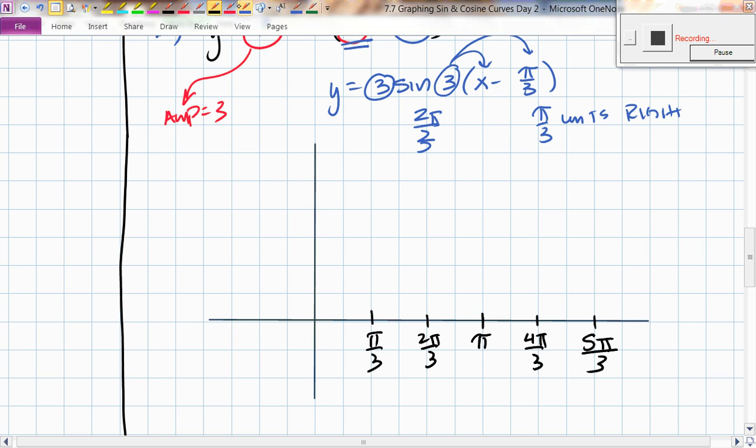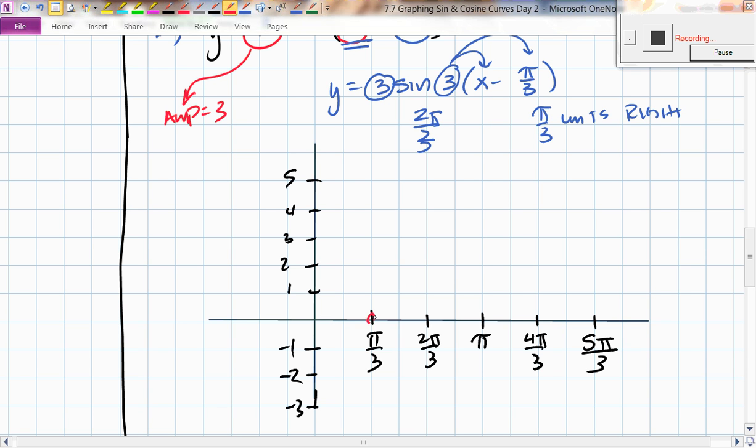Alright, so I'm going to have to go up to 1, 2, 3, and then negative 1, negative 2, negative 3. If I'm going to draw a sine curve that's been shifted pi over 3 units to the right, I'd have a sine curve that looks something like this.